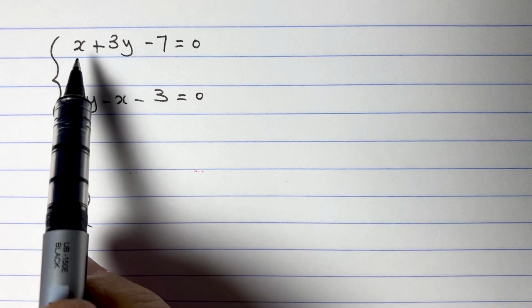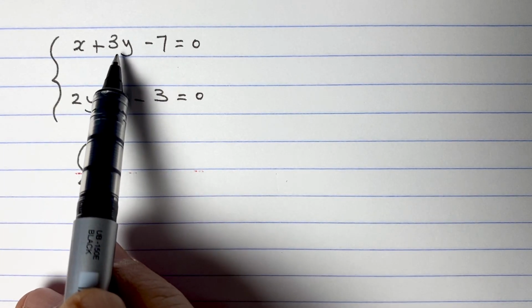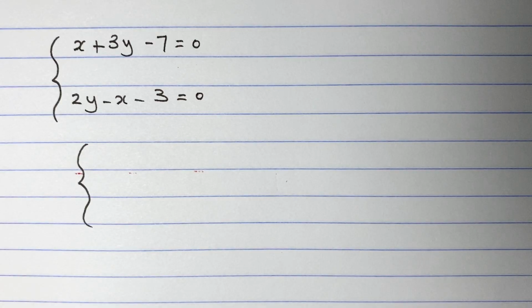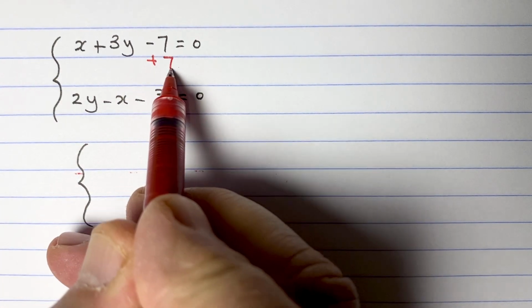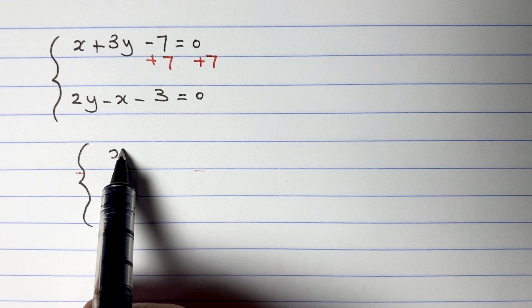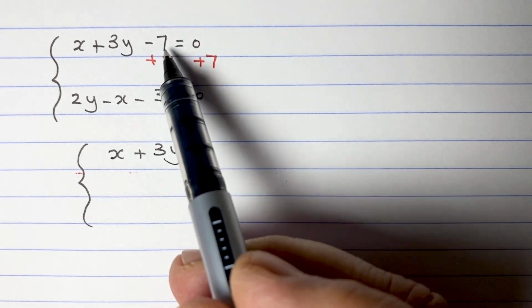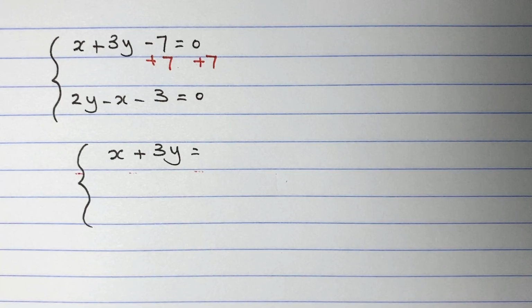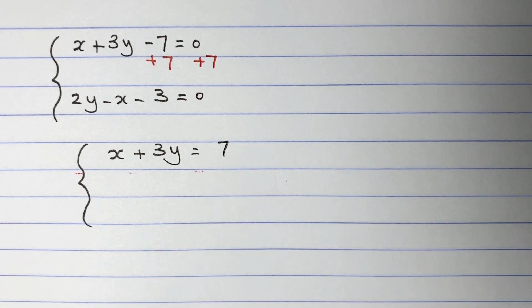make the question friendlier. So here for equation 1, I'm going to add 7 to both sides. So with the form that I'm used to, x plus 3y, of course 7 and minus 7 cancel. 0 plus 7 is 7.